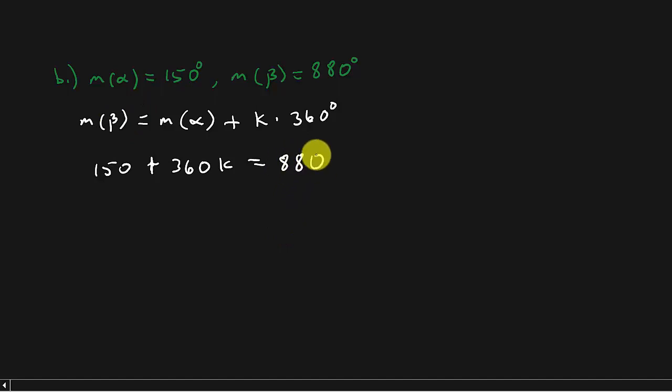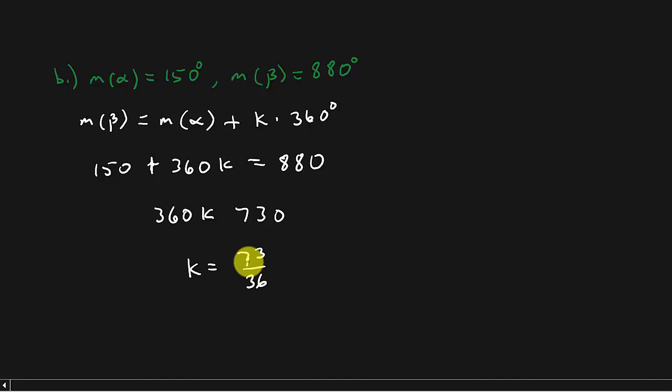All right, so now let's solve for k. So I get 360k, subtracting 150 to both sides, I get 730. Divide both sides by 360, so I get k equals 73 over 36.